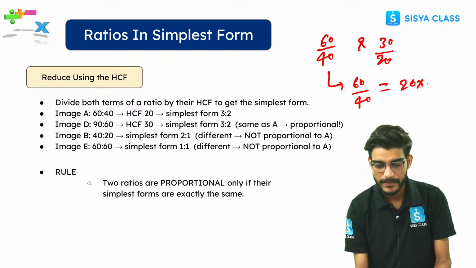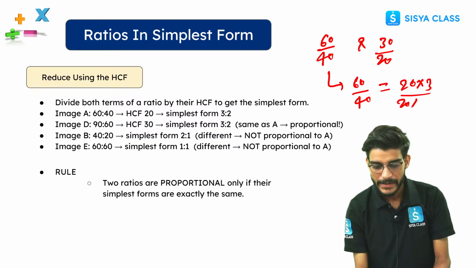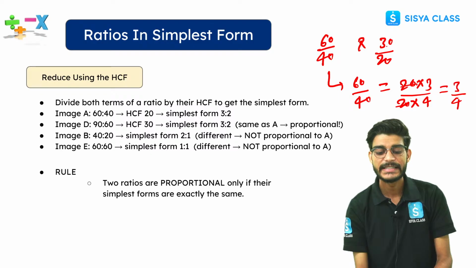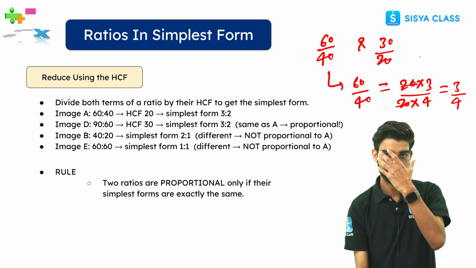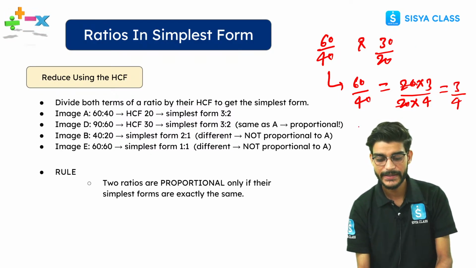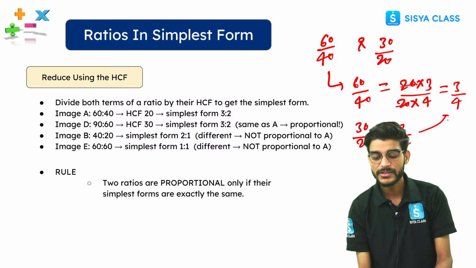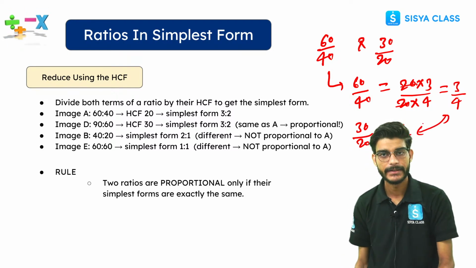Once again I am writing 20 into 4. So 20 will get cancelled. 3 upon 4. What is 30 upon 20? 30 upon 20 is 3 upon 2.